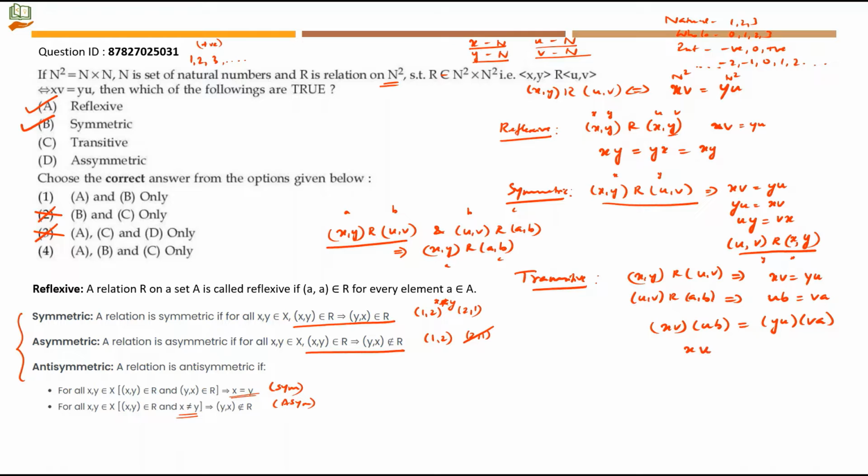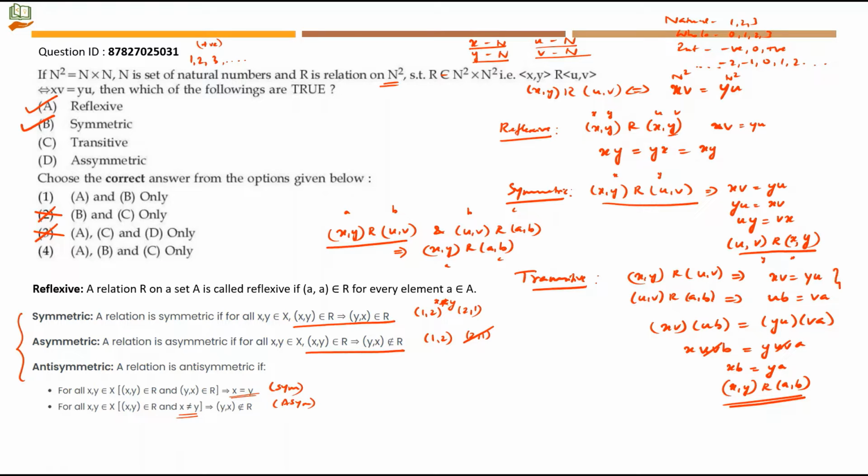So left hand together on one side, xv and ub, then right hand side together yu and va. X, uvb or vub, which is equal to yuva. So uv and uv can get cancelled here. So ultimately we will have xb and ya. Now change this to a relation. You will have (x, y) relation (a, b).